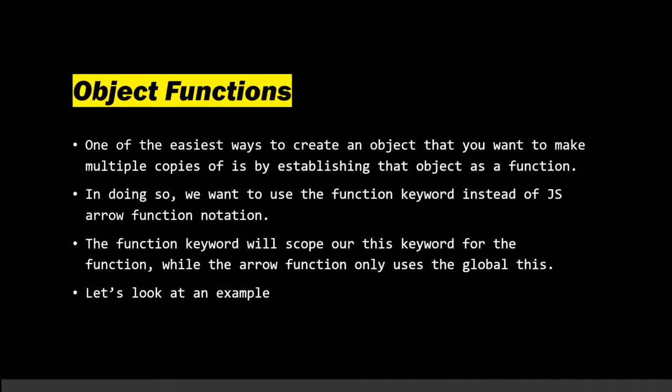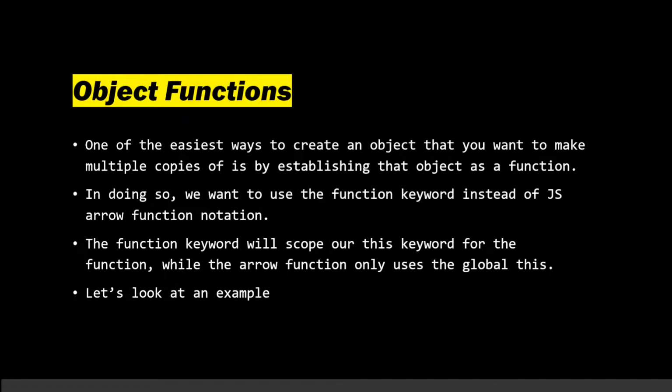So even though we're getting used to arrow functions, we want to break ourselves of arrow functions here and just use a regular function, because the function keyword will scope our this keyword for this particular function, whereas the arrow function uses the global this.